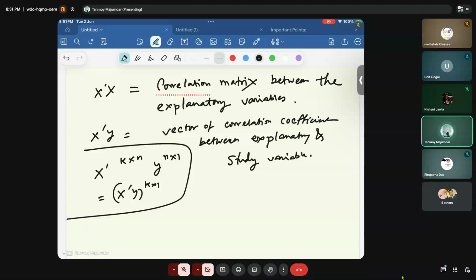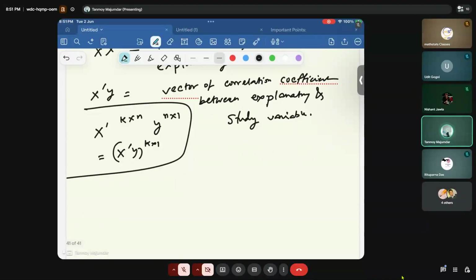So when we are trying to find the correlation coefficient between explanatory and study variable, we can use x dash y. And when we only want the correlation between the explanatory variables, we have to use x dash x.